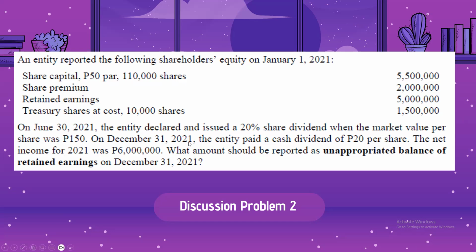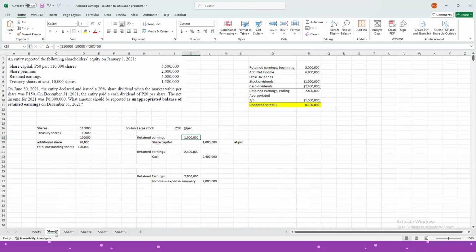On December 31, 2021, the entity paid a cash dividend of 20 per share. The net income for 2021 was 6 million. So what amount should be reported as an unappropriated balance of retained earnings? So let's have problem number 2.